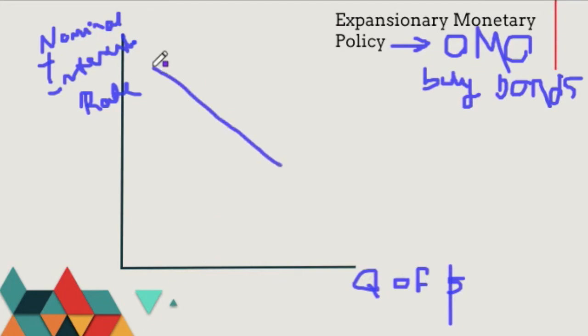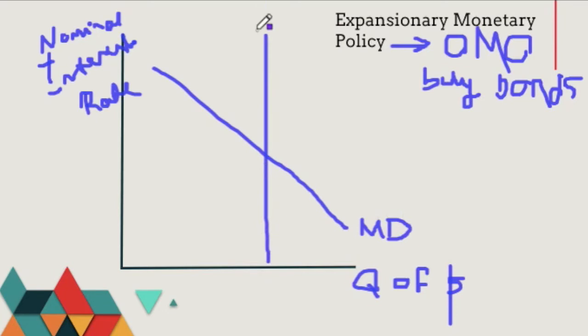Our demand curve is going to be downward sloping and labeled MD. And our supply is going to be vertical, labeled MS, standing for money supply. When we buy bonds, that means the Fed is paying money.